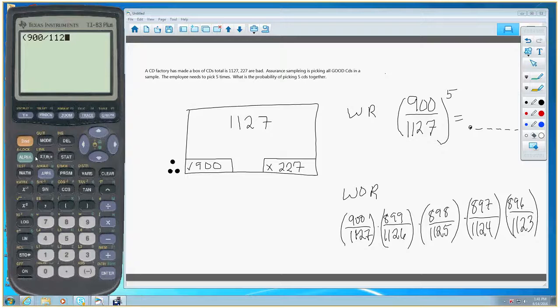All right, 1127, and then you raise it to the what? To the 5th power. 3, 2, 4, 7, 8. 3, 2, 4, 7, 8.